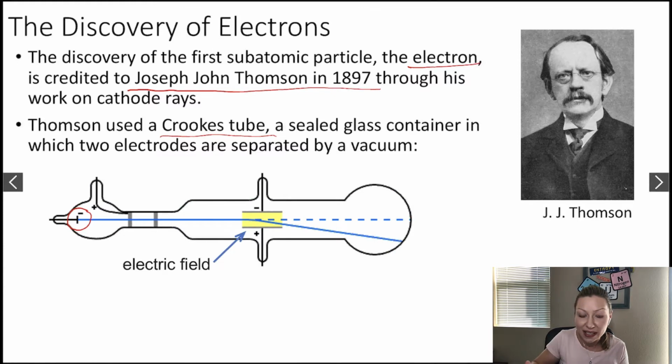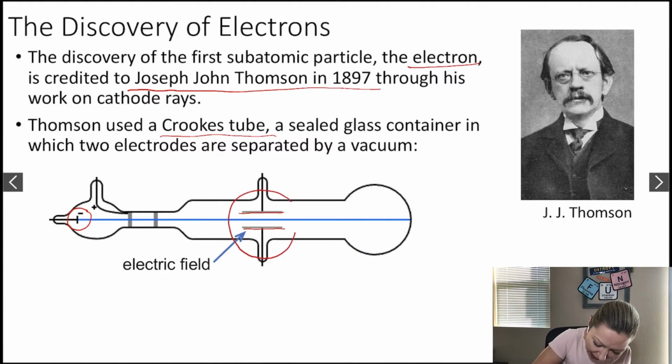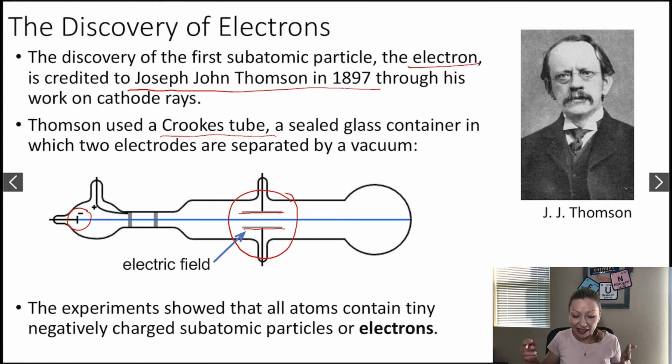And as you can see, if we have an electric field right here, anytime you turn it on and change the charge, you will see that the cathode rays are deflected towards the positively charged plates. Right? Can you see it? Positively charged plates, and the rays are deflected in that direction. So, with this, he showed that all atoms contain teeny tiny negatively charged subatomic particles, which are our electrons.